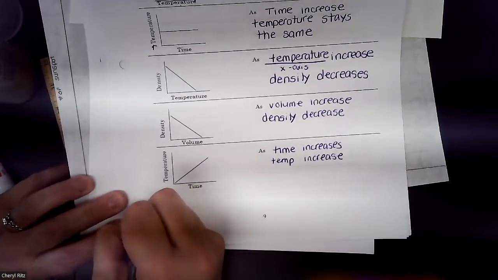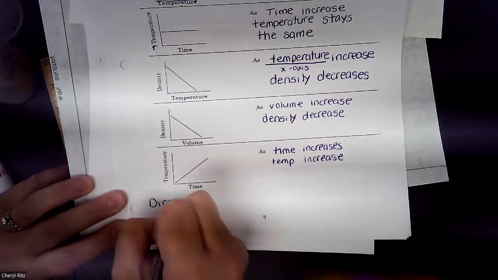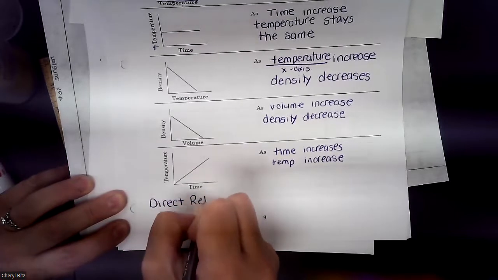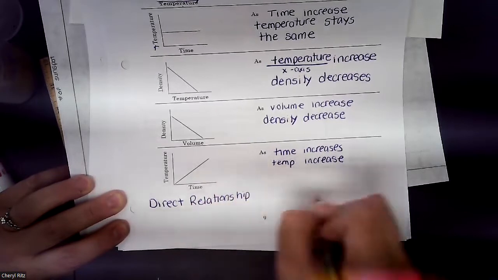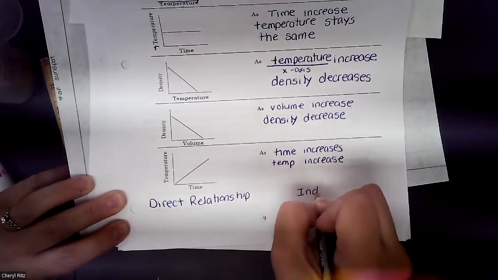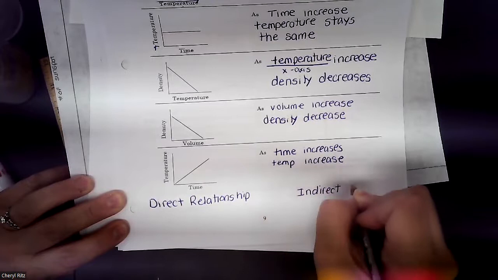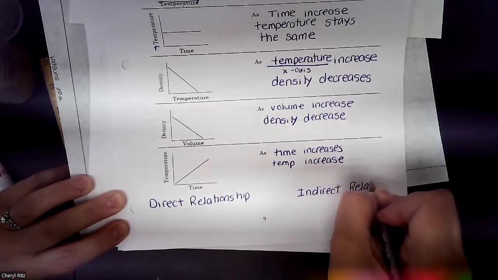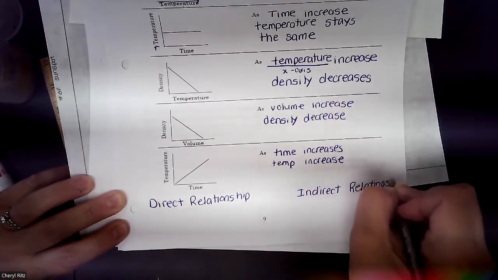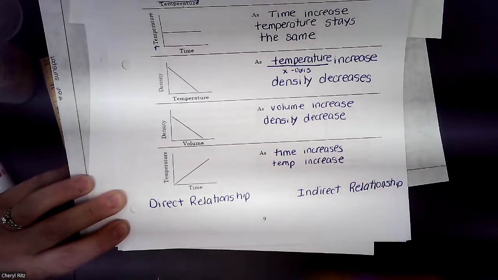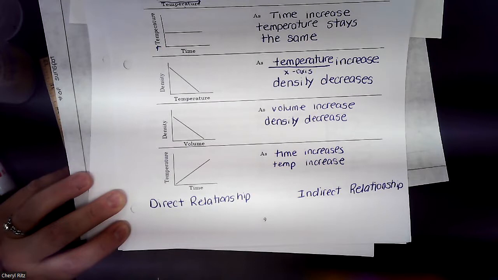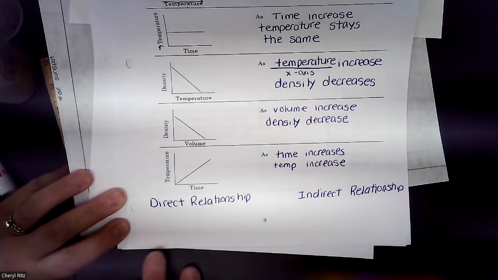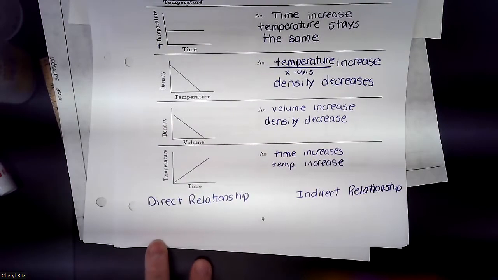One word is direct relationship, and the other is indirect relationship. Have you heard these words before? Okay, some people have and some people haven't in my last class.